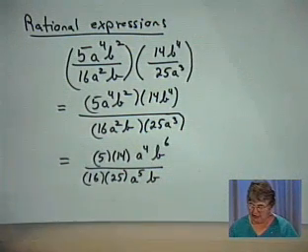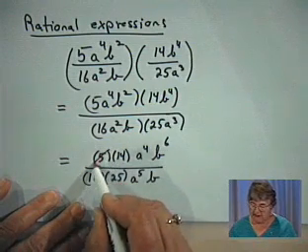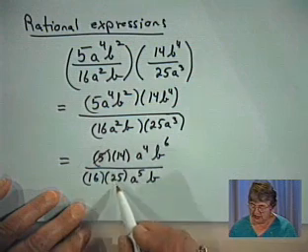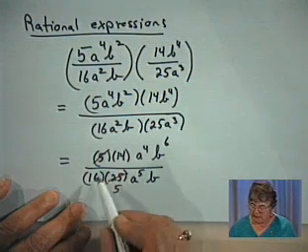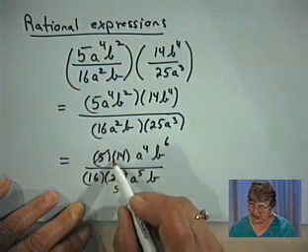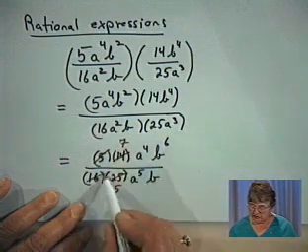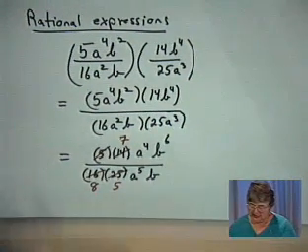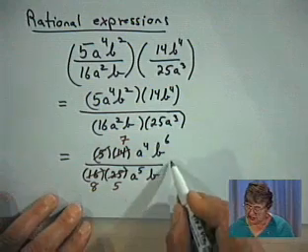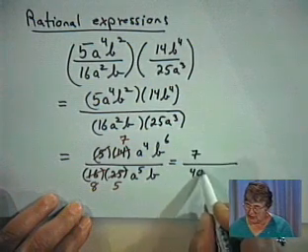Since we have a 5 in the numerator and a 25 in the denominator, we can say 5 goes into 5 one time, and 5 goes into 25 5 times. 14 and 16 can simplify by 2. We can say 2 goes into 14 7 times, 2 goes into 16 8 times. So as far as the coefficients here, we're going to have a 7 in the numerator and a 40 in the denominator.